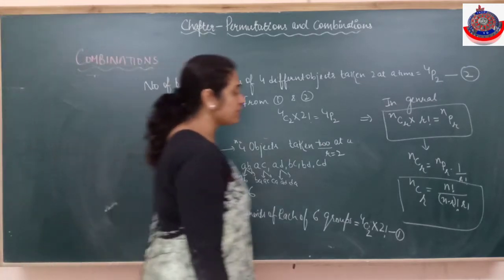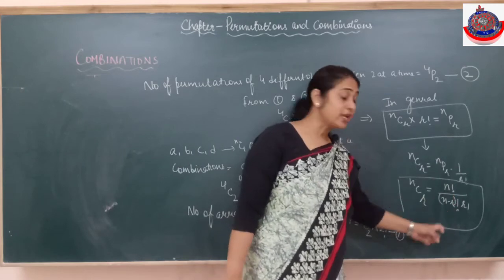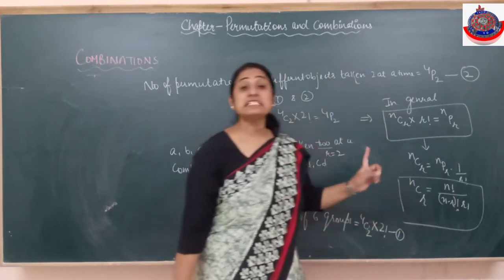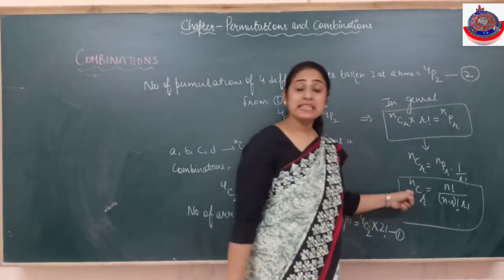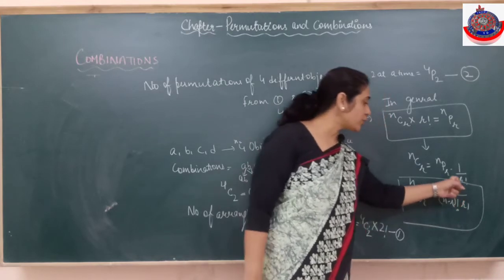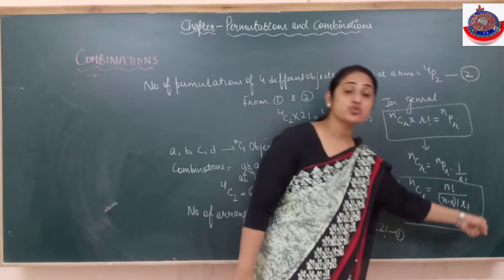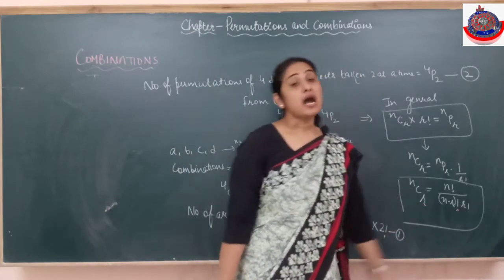Whenever we got nPr, we use n factorial upon n minus r factorial. But now onwards, when we have nCr, the combination of n things taken r at a time, the formula will be n factorial upon n minus r factorial into r factorial.